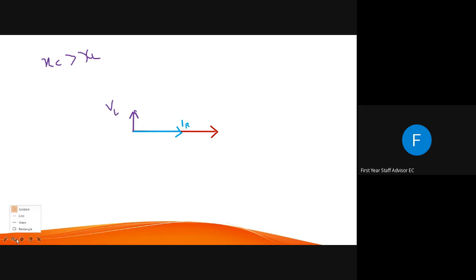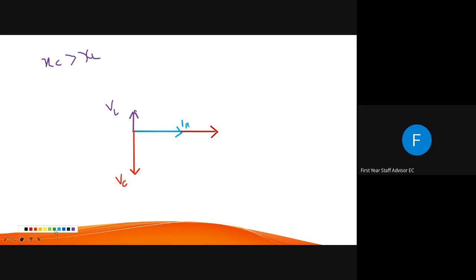And again I am going to draw the third phasor, of the capacitor, where since XC is greater than XL, I have to increase the length of this vector. So this is VC. Okay.